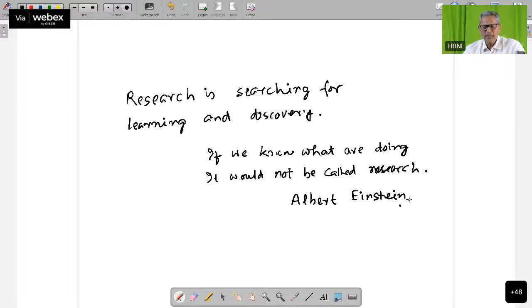Basically, research is something where you contribute something new. If newness is there, then only it is called research. We'll also subsequently see more detail. But this is what research is.